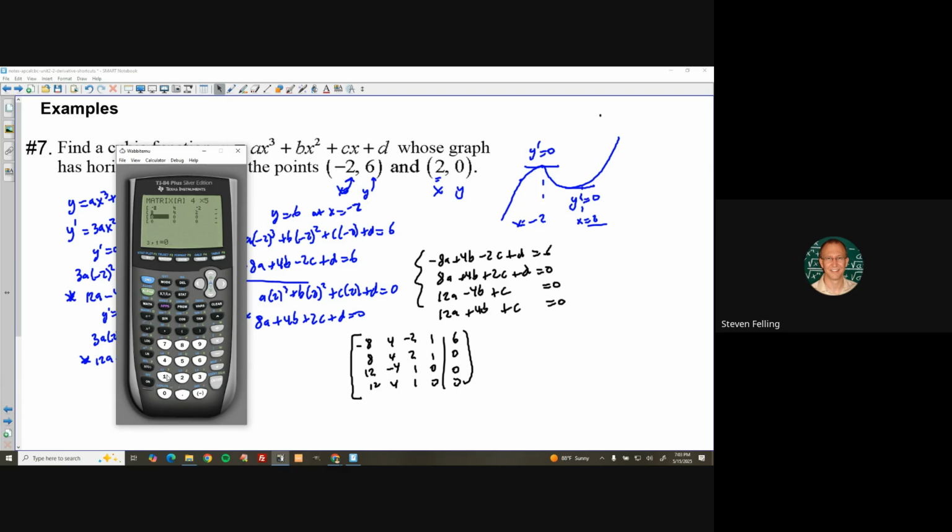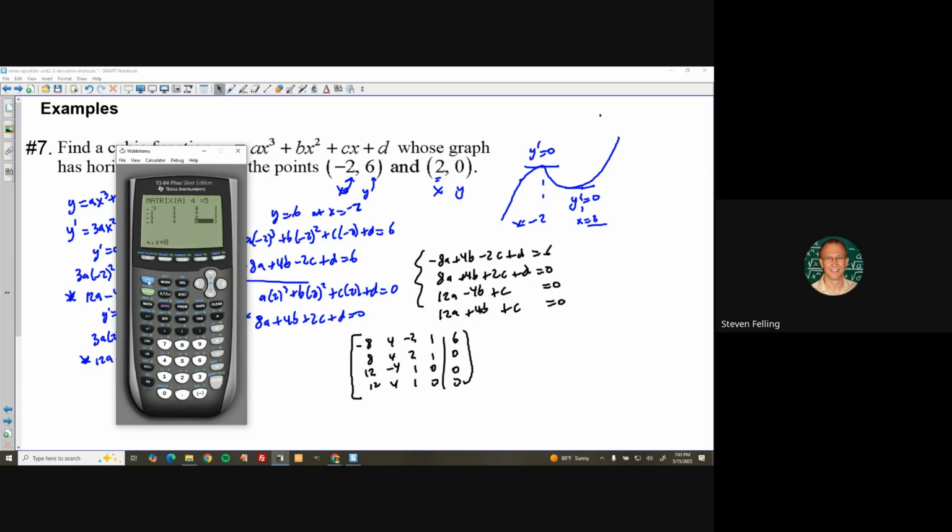The third line there is 12, negative 4, 1, 0, 0. And the last equation is positive 12, positive 4, 1, 0, 0.